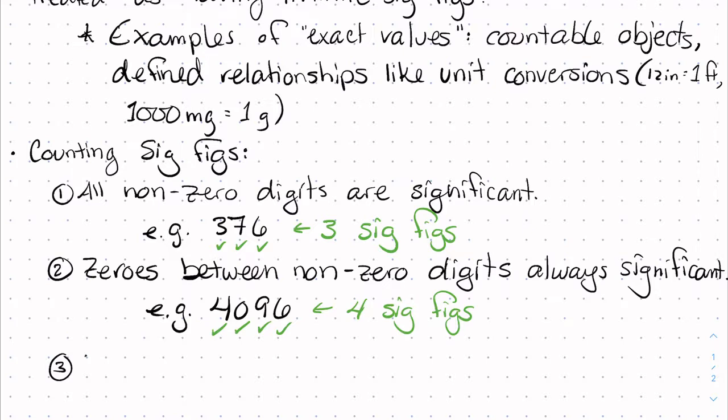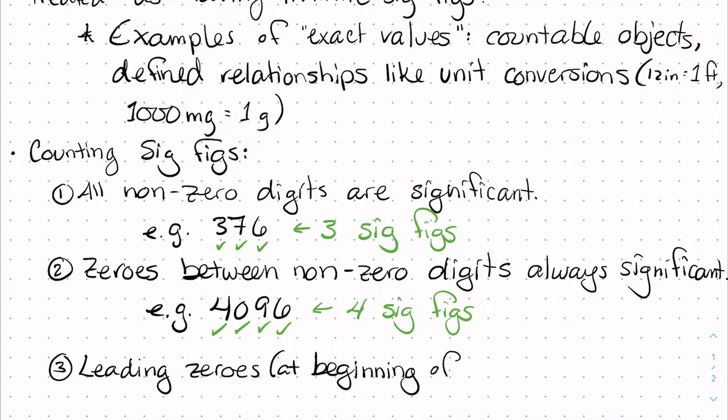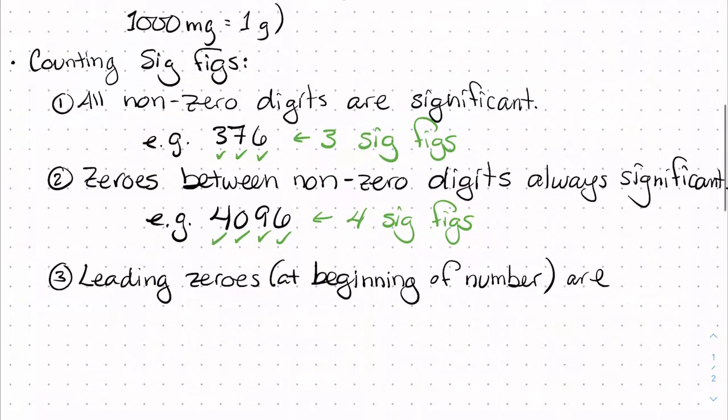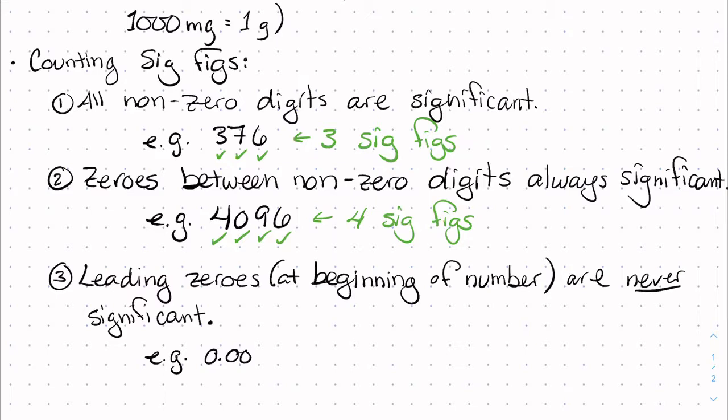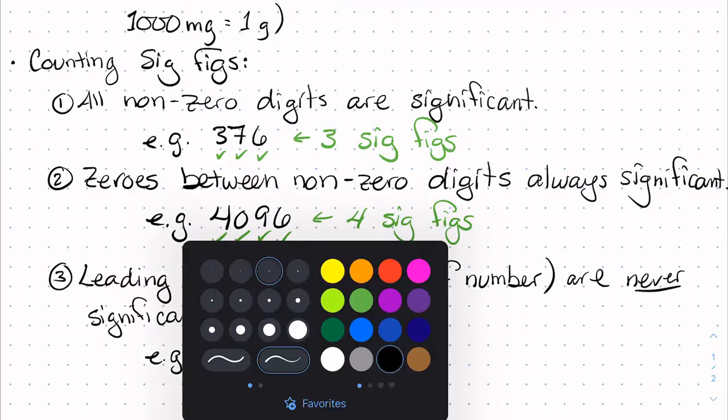Next up is what we call leading zeros, meaning zeros at the beginning of a number. Leading zeros are never significant. So for example, the number 0.00208.